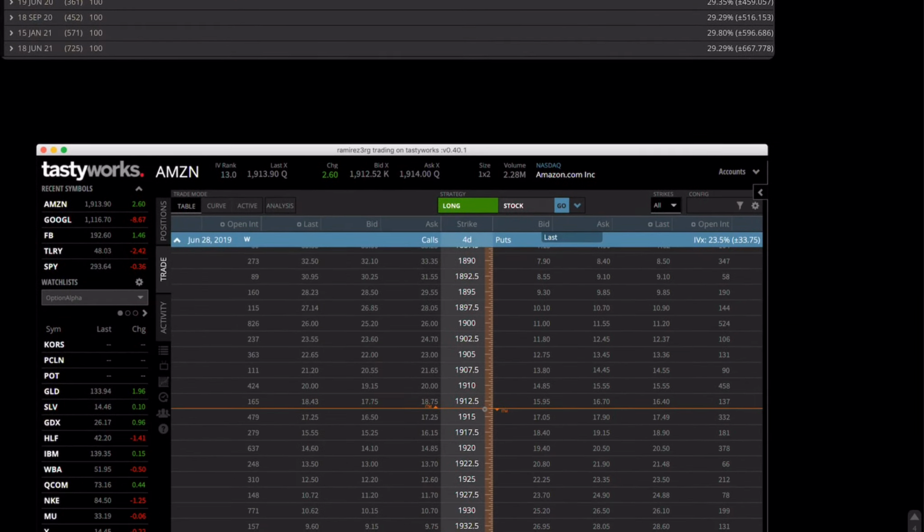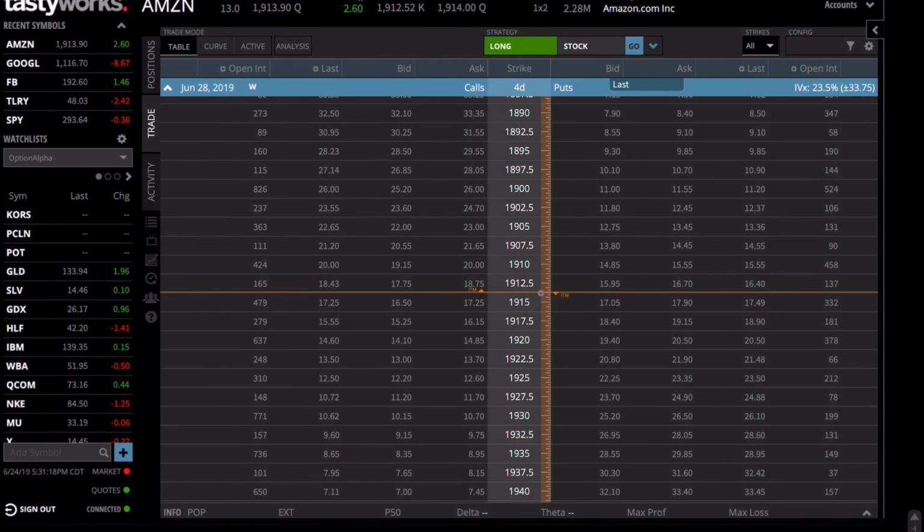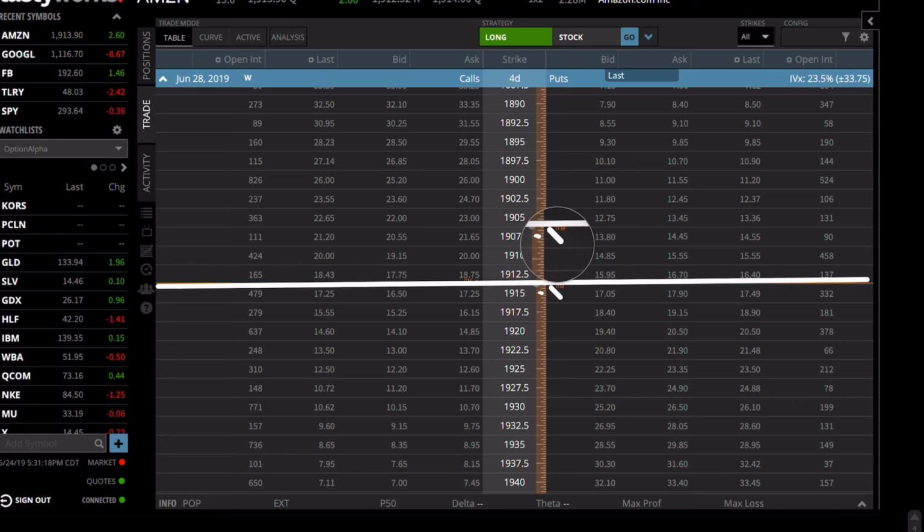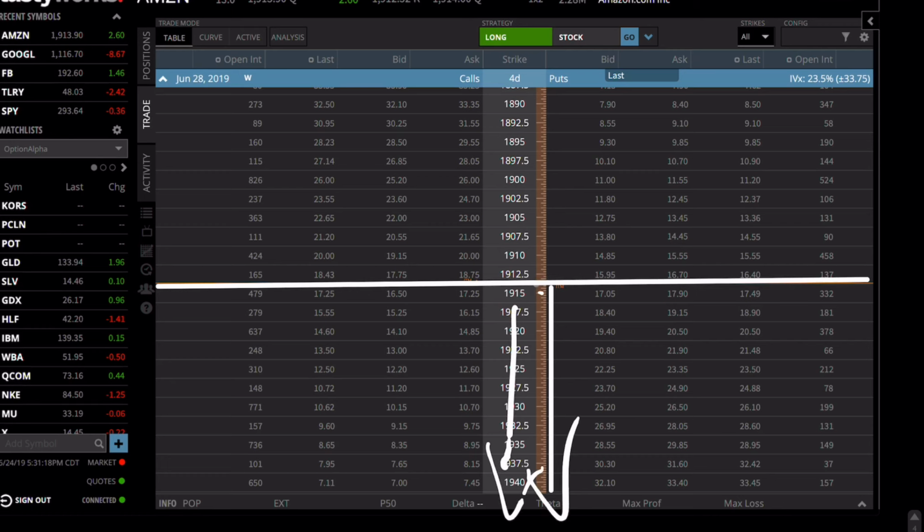Looking at another platform, you have the Tastyworks platform here. You'll see that there is one line here that basically tells you what's in the money for one side. So you'll see here that the in the monies for the puts are from this line and downward, so 1915 or higher on the strike, and then 1912.5 and lower for the call side are the ones that are in the money.